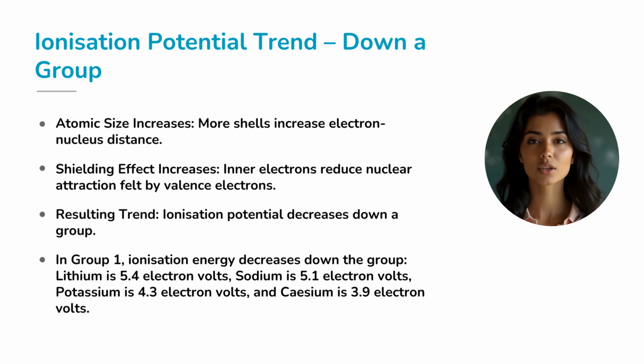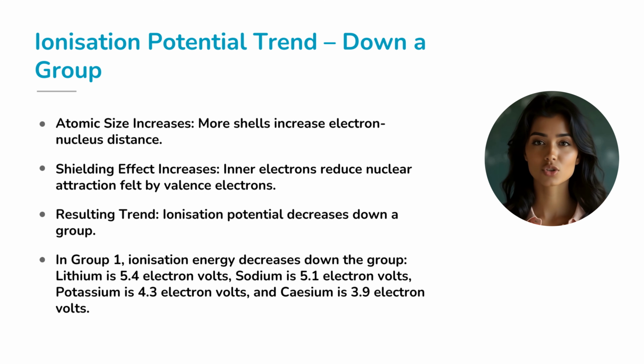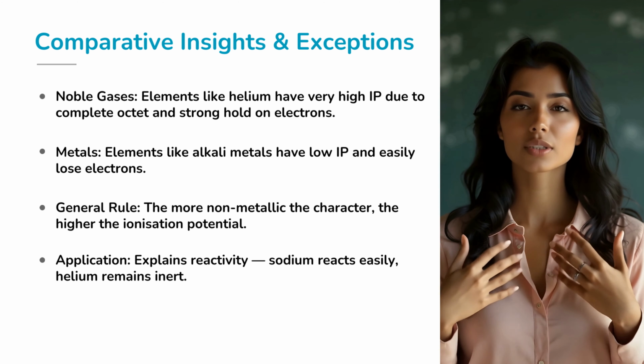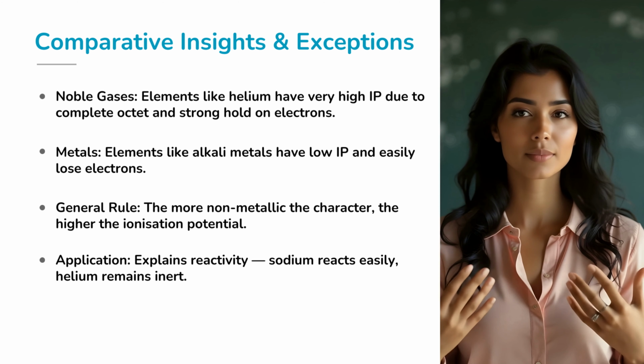Take a look. In group 1, ionization energy decreases down the group. Lithium is 5.4 electron volts, sodium is 5.1 electron volts, potassium is 4.3 electron volts, and cesium is 3.9 electron volts.